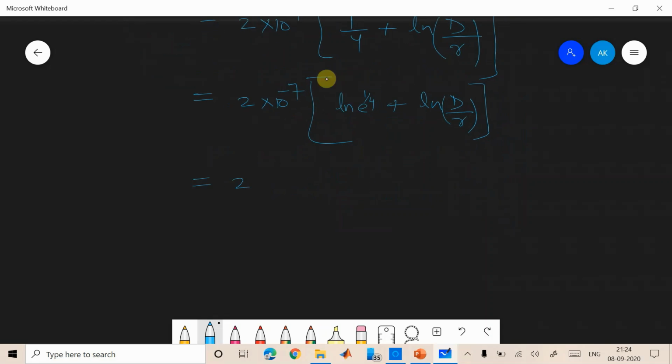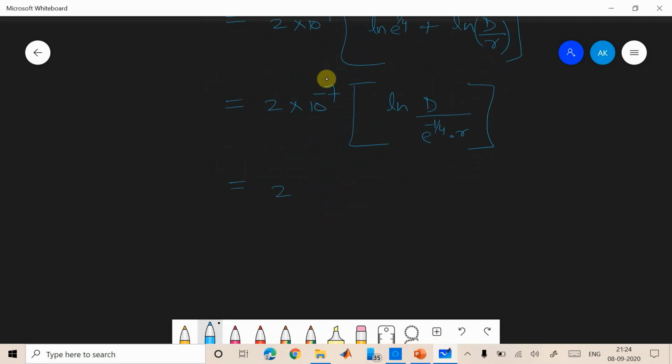Further we can write this as 2 into 10 raised to power minus 7. We know that ln a plus ln b is ln ab, so this will be ln d, if we take this in denominator, it will be e raised to power minus 1 by 4 into r. Okay.